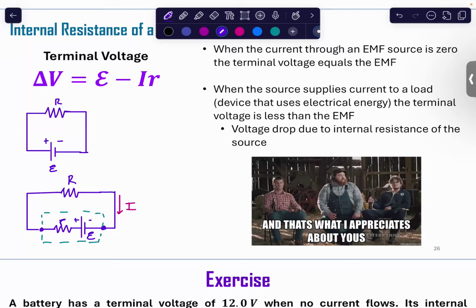No, it's the same battery. You can think of it like this.